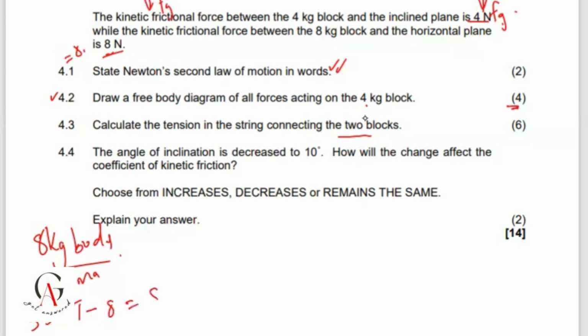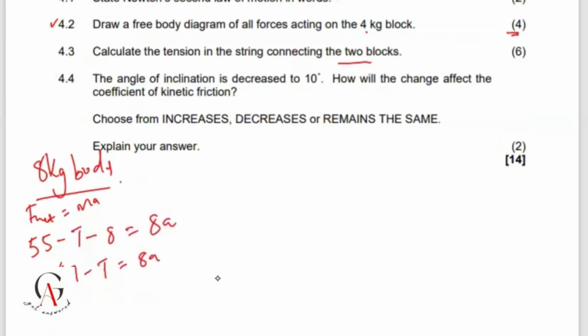This must give us ma. When I simplify this, I know that 55 minus 8 is going to give me 47. So 47 minus T should give us 8a. We can make T the subject. So T is 47 minus 8a. I can call this equation 1.